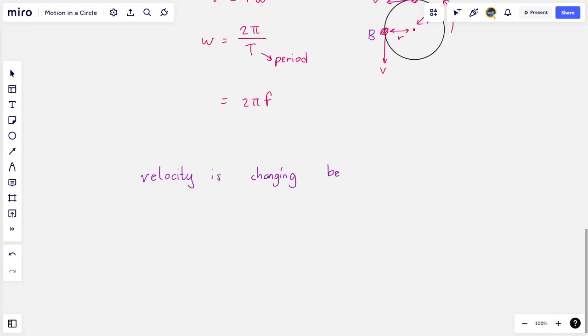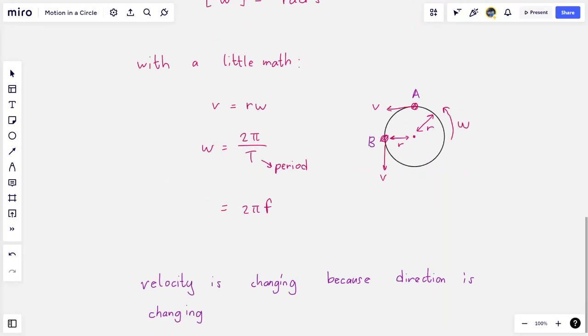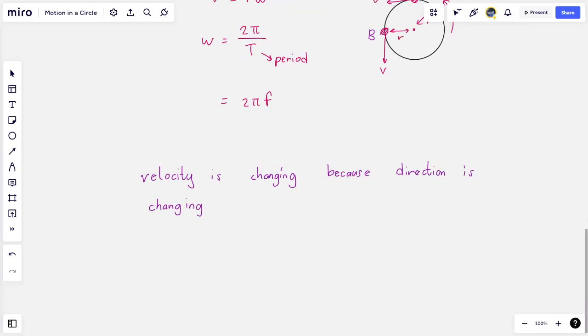So maybe it's important that we write that down. So direction is changing, and I'm not walking any faster, nor am I walking any slower. So my speed, the scalar, is remaining the same, but the vector is indeed changing. At A it's to the left, at B it's completely downward.